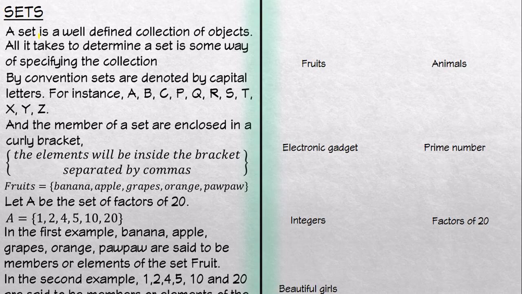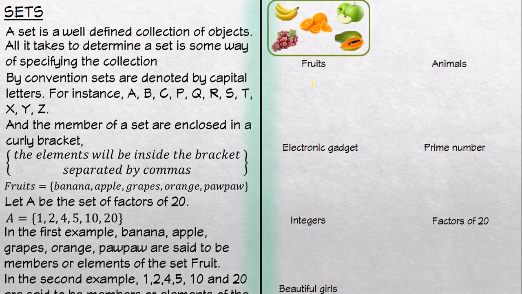So when we talk of a set, it is a well-defined collection of objects. So for instance, let us have this container over here. If we call the elements inside this container fruit, then just by the way we have defined it, we should be able to tell the kind of element we should have in this set.